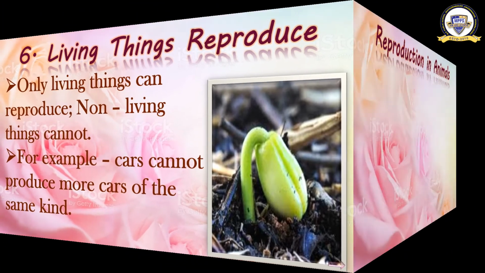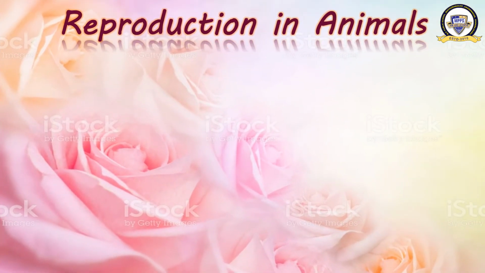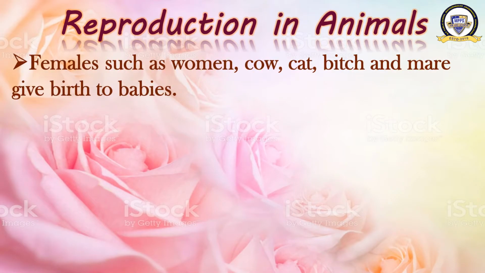So let us learn something more about reproduction. We will see the reproduction in animals. Okay. The females such as women, cow, cat, bitch and mare give birth to the babies.